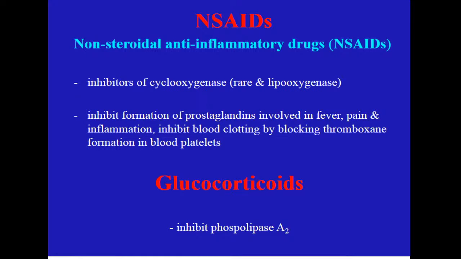So this is a less precise action of glucocorticoids in comparison with non-steroid anti-inflammatory drugs. But you know that glucocorticoids are also widely used in treatment of allergy and inflammatory disease, and you must understand that their action is significantly wider than non-steroidal anti-inflammatory drugs.